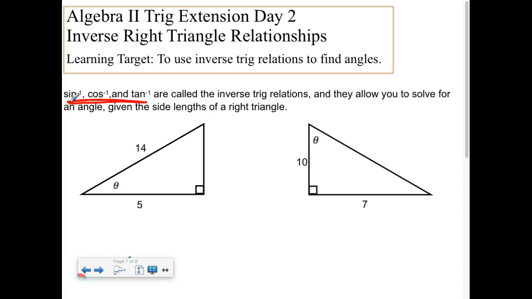Today, you're going to have to hit second and then those buttons so you can get them. Yesterday, we were using our trig rules, sine, cosine, tangent, to help us find sides. Today, we use these because they help us find angles. That's why we have these inverse trig rules.